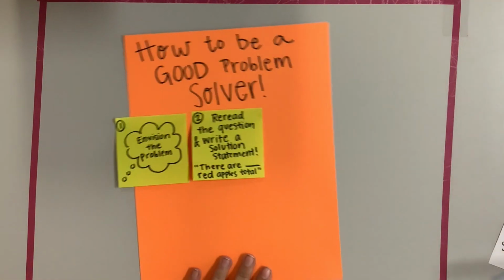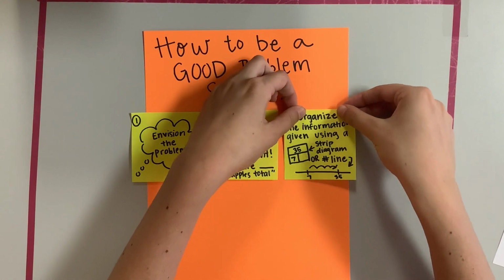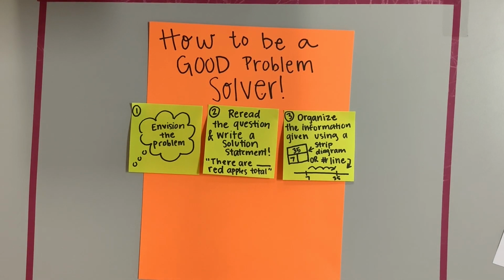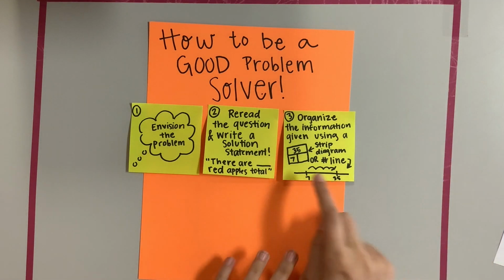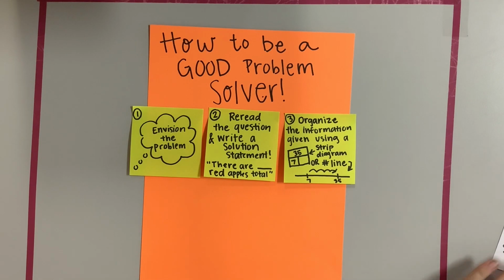Now that we've done that, the next step in being a good problem solver is to organize the information given to us. And I like these two strategies the most. Maybe you prefer a different strategy, but I think strip diagrams or number lines are a great way to organize our work.